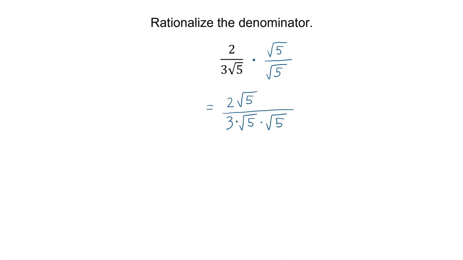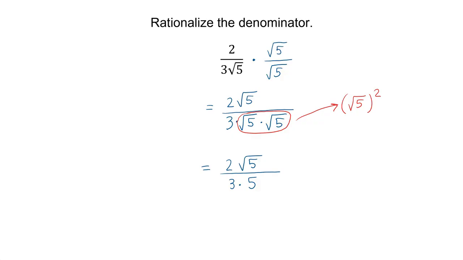In the numerator, that gives us 2 times the square root of 5. And in the denominator, we have 3 times the square root of 5 times the square root of 5. In the denominator, when we multiply the square root of 5 by the square root of 5, that's the square root of 25, which is 5. Another way to look at this is it's the square root of 5 squared. And anytime we square a square root, the square cancels out the square root because they are opposite operations.